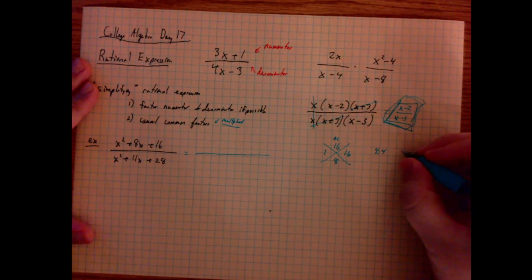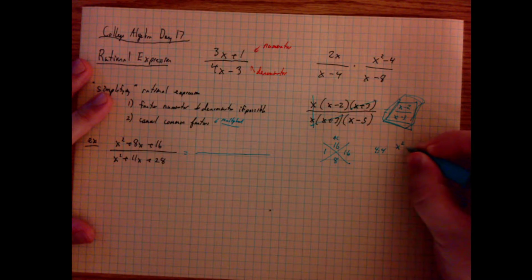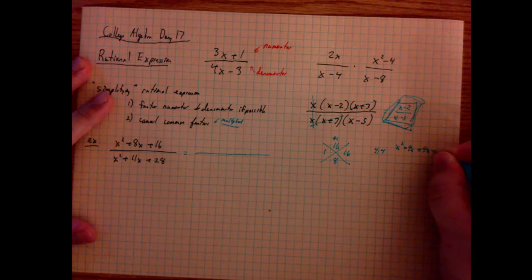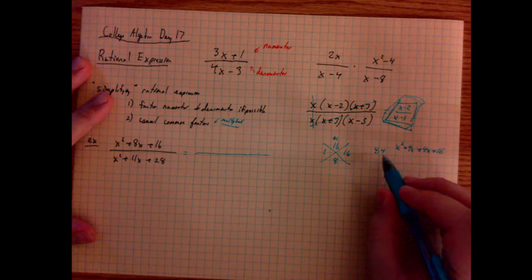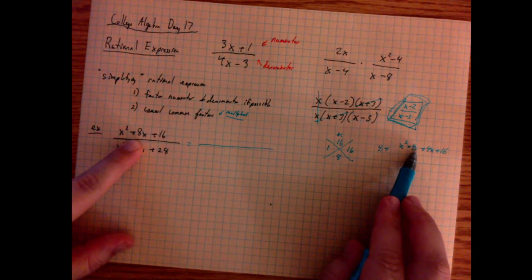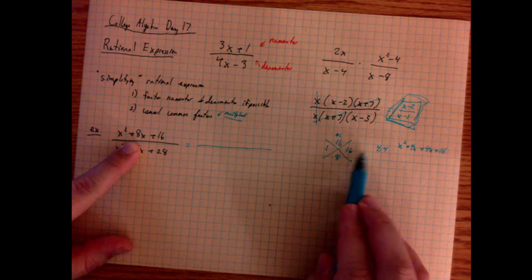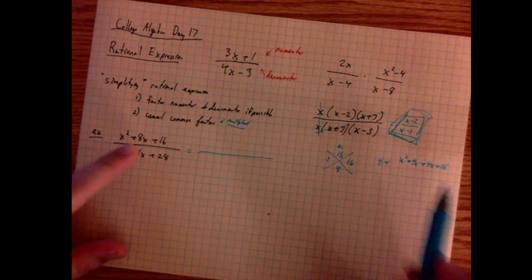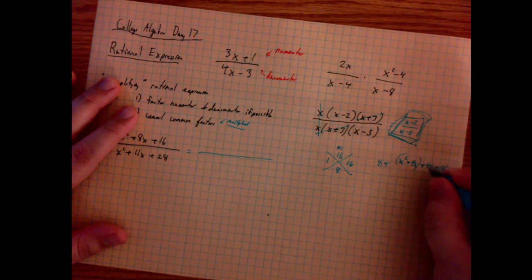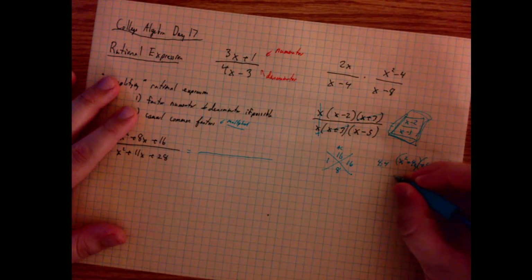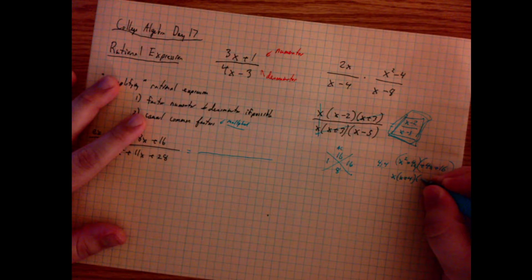I can then factor that expression. So x squared plus 4x plus 4x plus 16. I take the 8 that was in the center and turn it into my two numbers, 4 and 4. I then do factor regrouping, allow me to take an x out, allow me to take a 4 out.